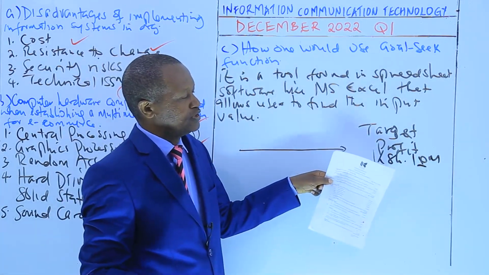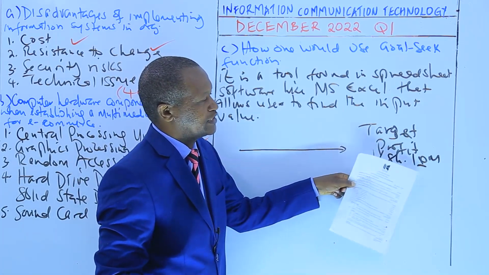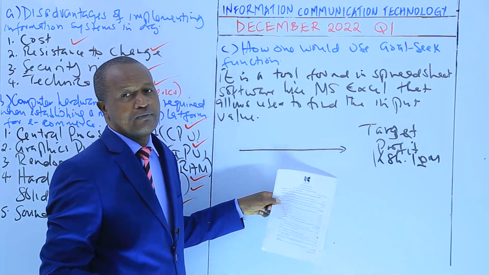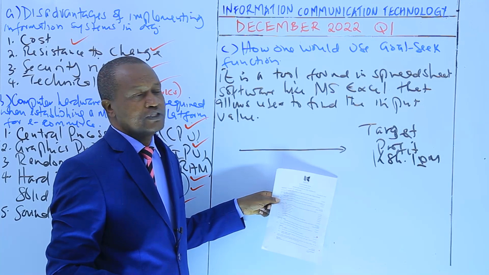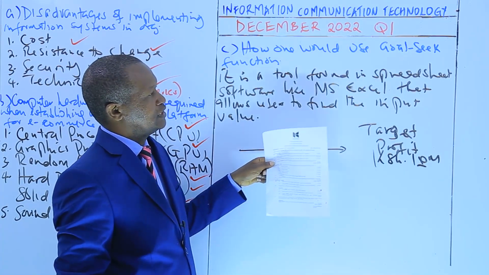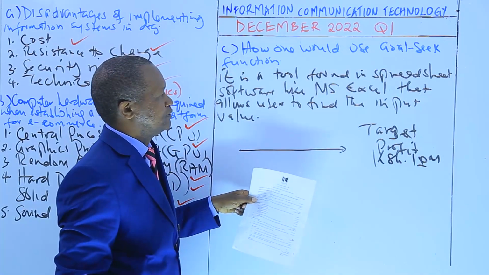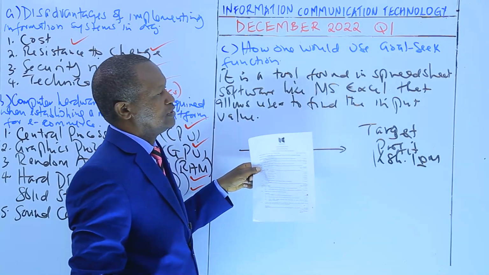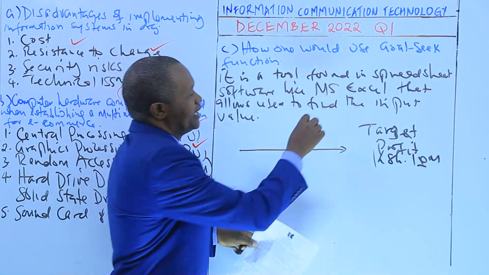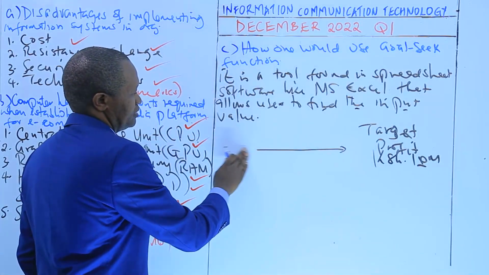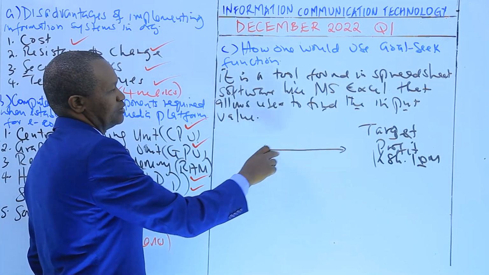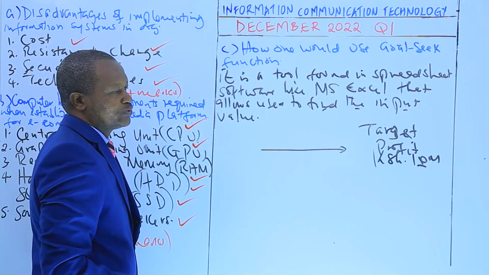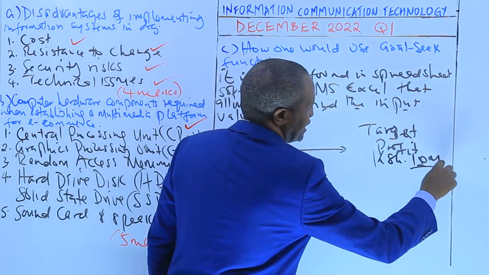How many units can be sold for company A to hit a target profit of 10 million? So a goal-seek function that is available in spreadsheet software like Microsoft Excel can be used by the user to find the input that will help the company achieve the target profit.